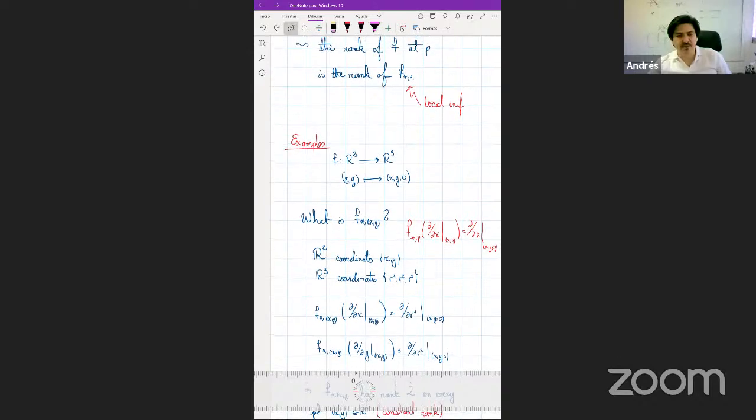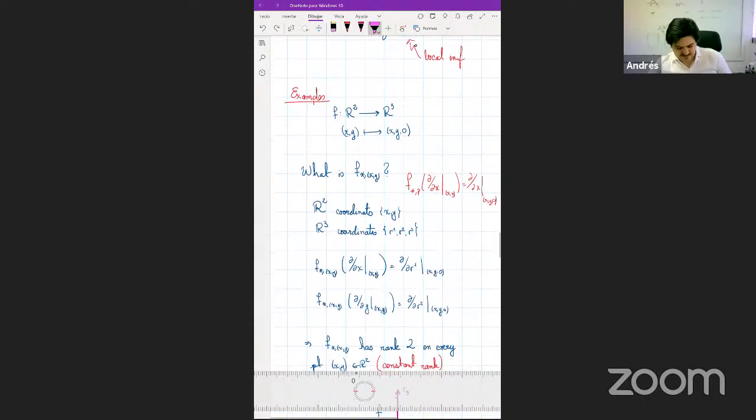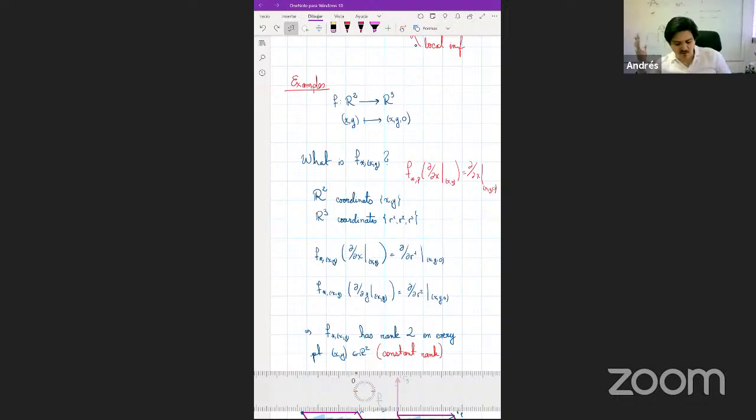Again, you can compute the Jacobian of this, the matrix, and you will have 1, 1, and zeros everywhere. Now we care about the rank. In this case, this is independent of the base point. So we have that this has rank 2 at every point.